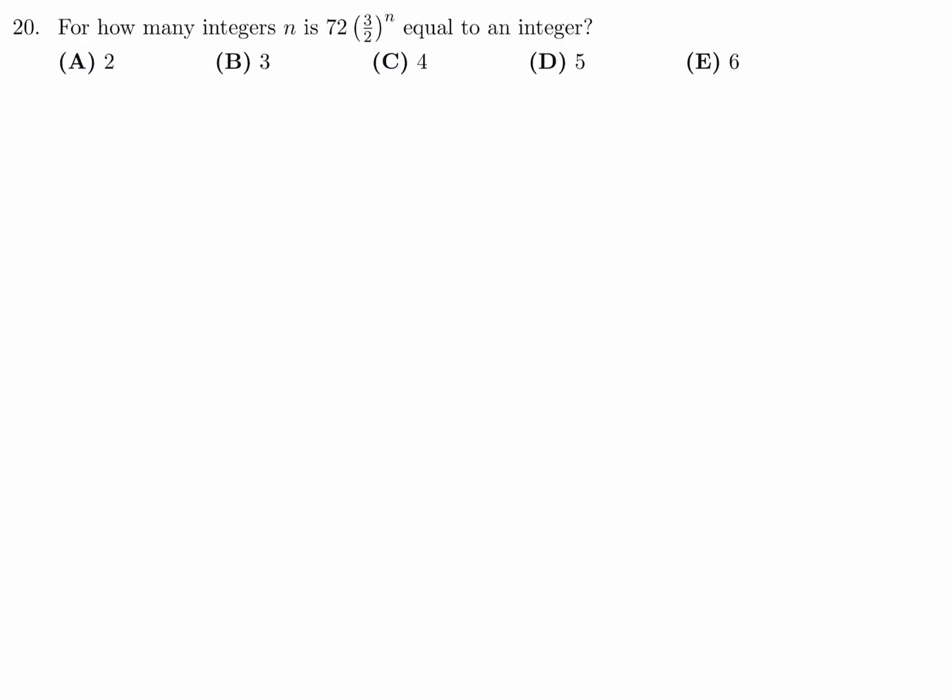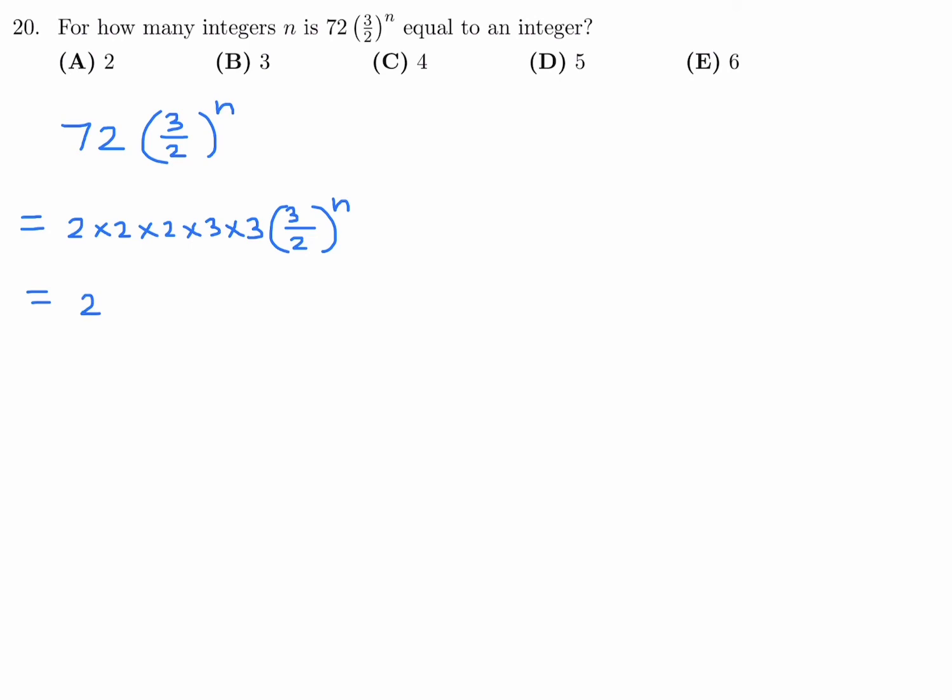For how many integers n is 72 times (3 over 2) to the power of n equal to an integer? 72 times (3 over 2) to the n. All right. Let's break up 72 into its prime factors. It's going to be 2 times 2 times 2 times 3 times 3, times (3 over 2) to the n.